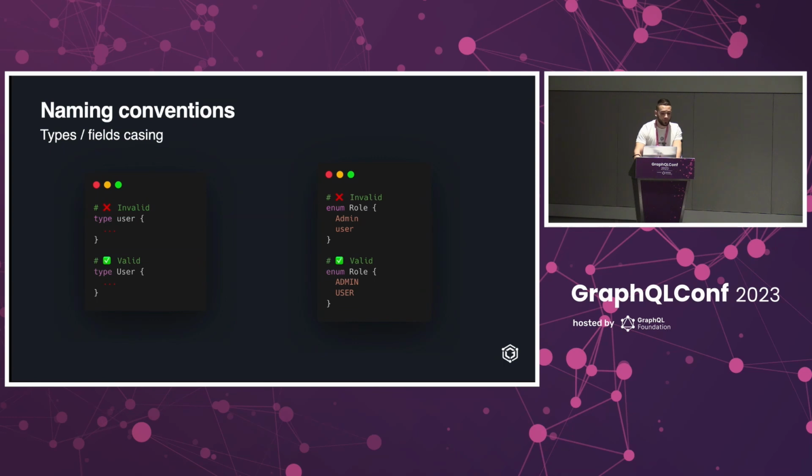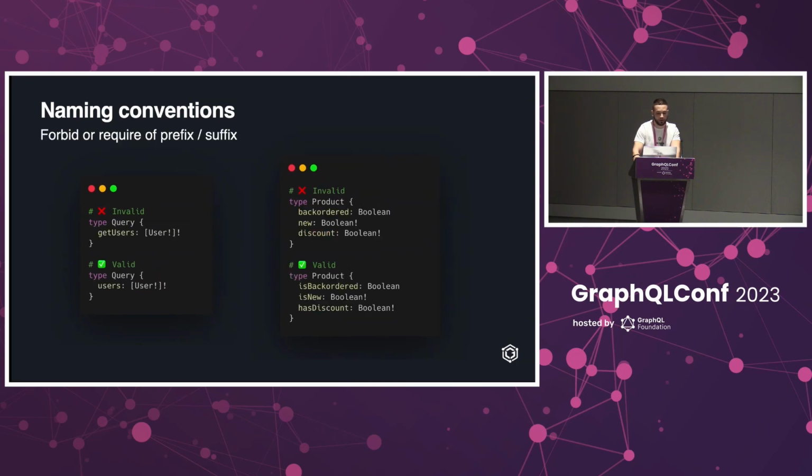For enums, for example, it's common practice to have enum values in uppercase only. It's also easy to validate our fields, like forbidding a get suffix, or we can even go to an advanced situation where the return type is Boolean, and we can enforce that the field starts with is or has.